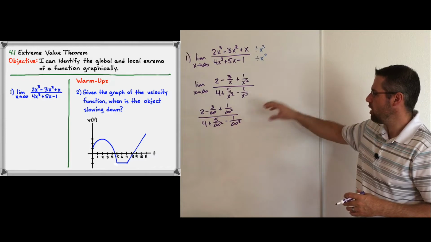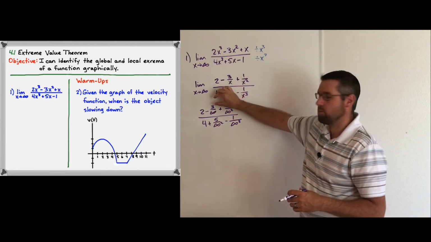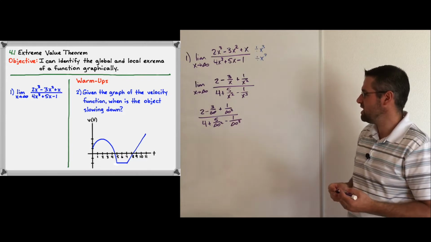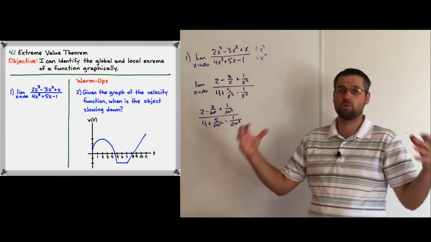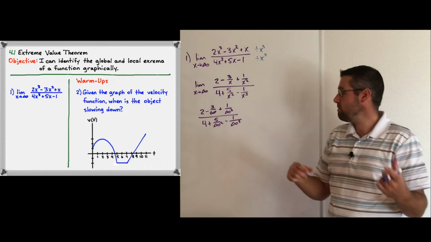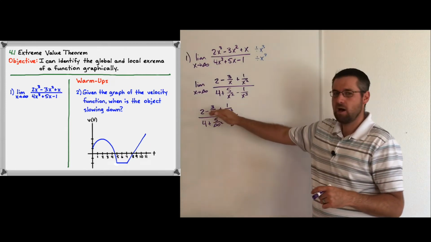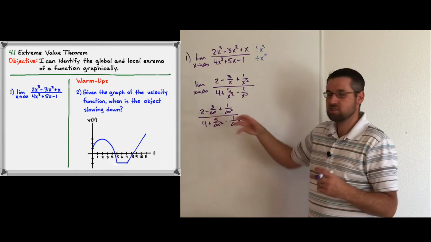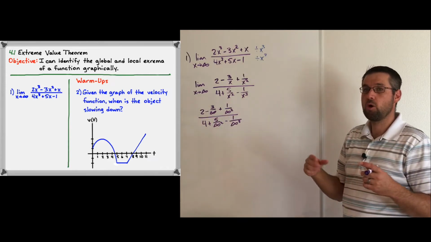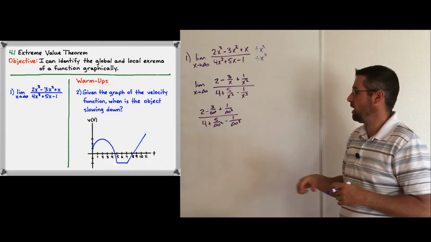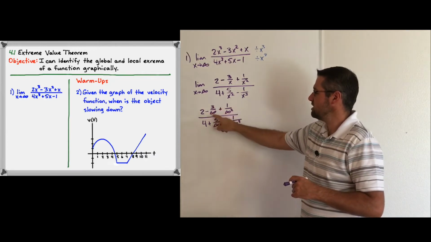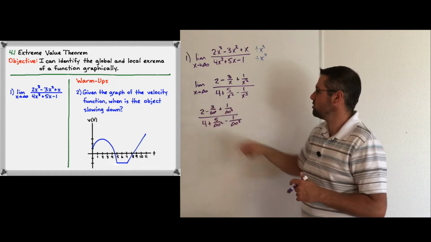If you recall, any constant number divided by infinity means any number divided by a really, really large number. The larger the denominator gets, the smaller the number ends up being, or the closer to 0 it ends up being. So as the denominator approaches infinity, this expression is going to approach 0.